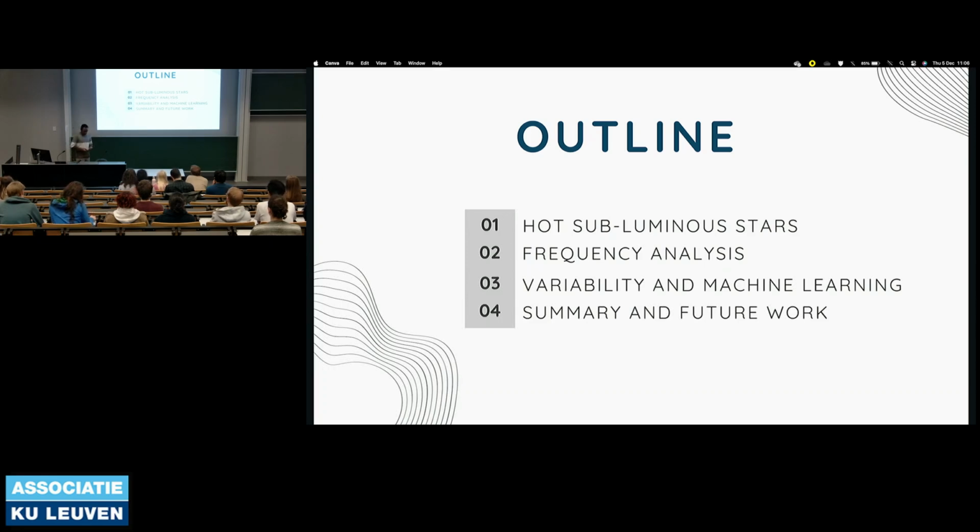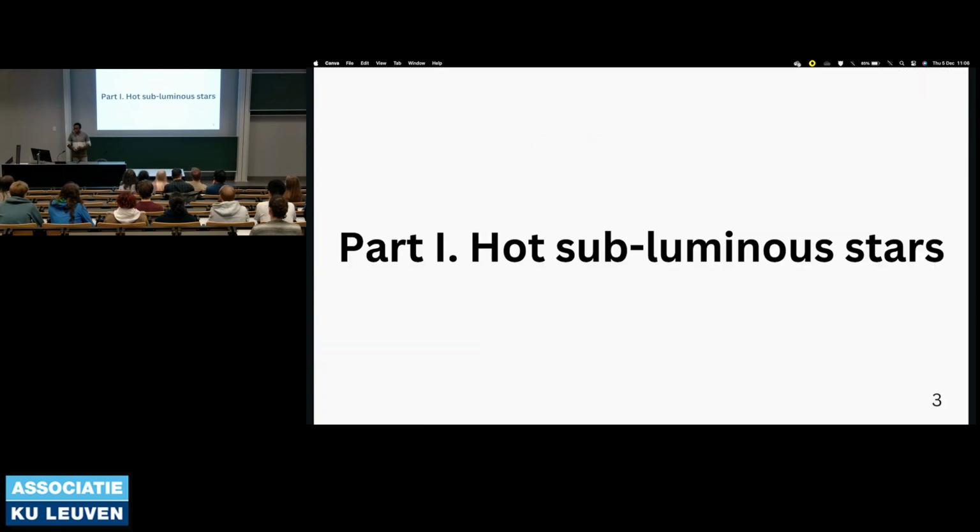Then I will talk about my project on frequency analysis of multicolor photometry. Then I will discuss my project on the variability of hot subluminous stars using machine learning techniques. Then I will end my talk with a summary and future work. But now let's look at the first part of this talk.